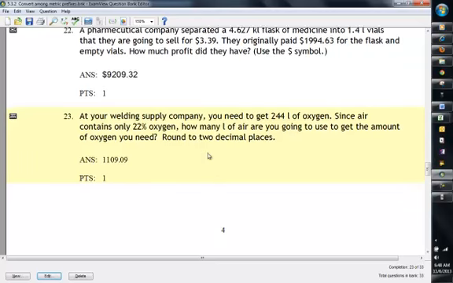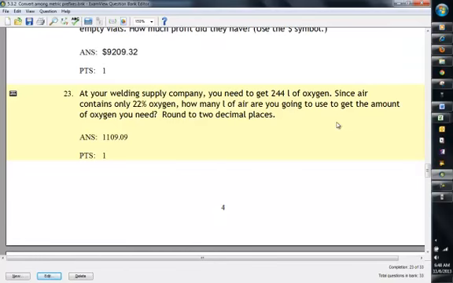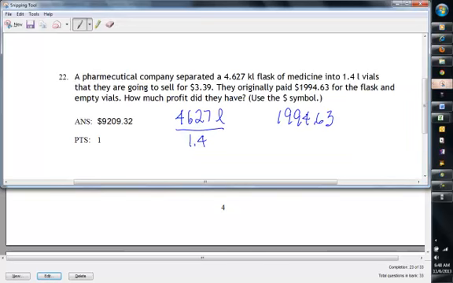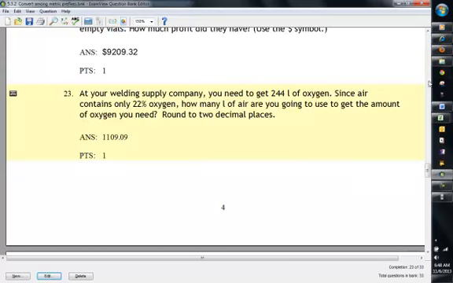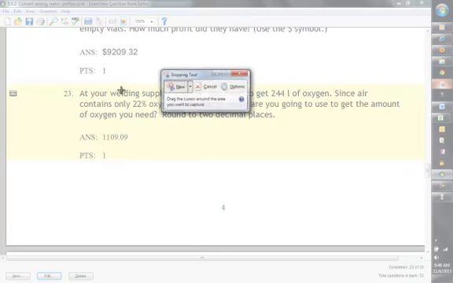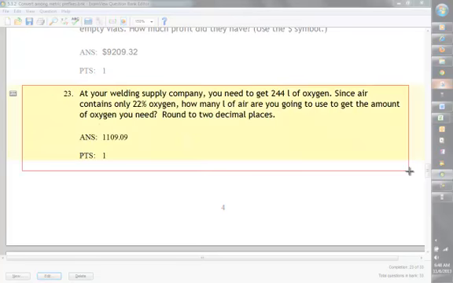$9,209.32. At a welding supply company, you need to get 244 liters of oxygen. Since air contains only 22% oxygen, how many liters of air are you going to get?